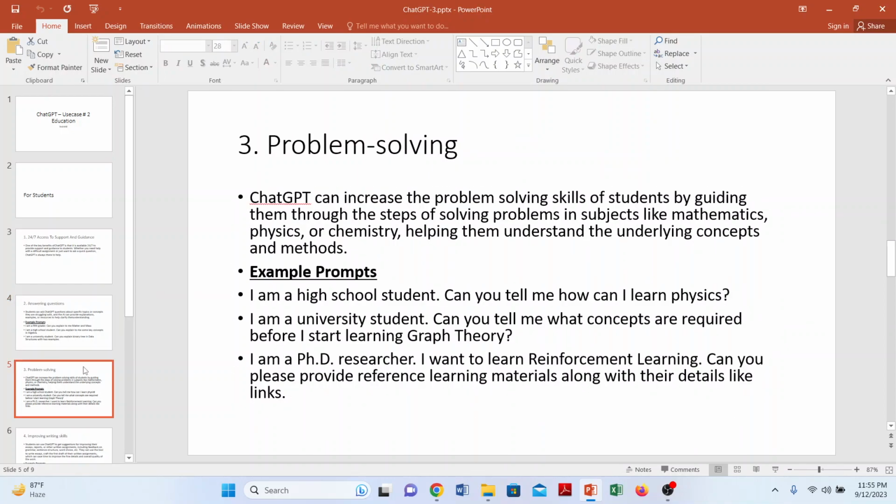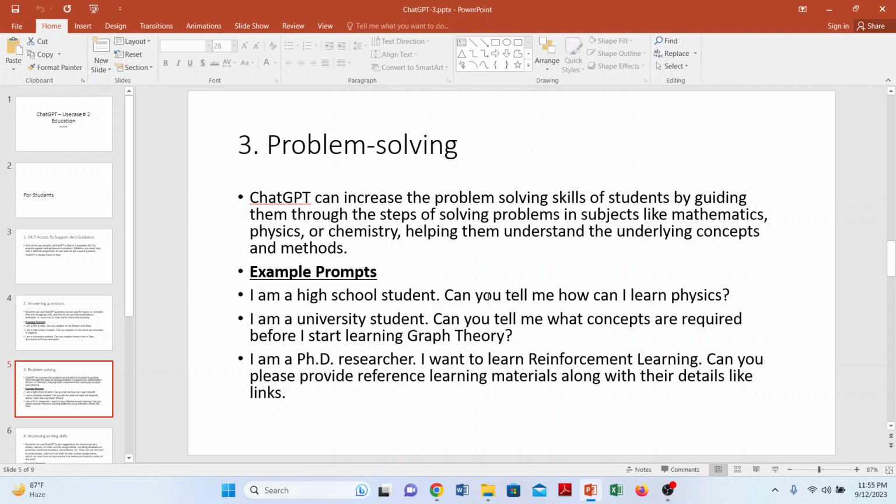Then, for example, if you are looking to solve problems in different subjects as a student, how can you take help from ChatGPT? You can take the guidance on which steps are required. You can also tell ChatGPT that you want to learn a certain subject and ask what the prereqs of that subject are, or what else you need to understand before you jump into it. For example, the first prompt is, I'm a high school student, can you tell me how can I learn physics?